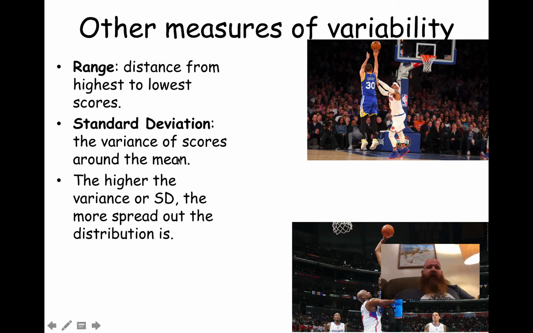Big thing to know is that the higher the standard deviation, the more spread out the distribution is. Let's just look at IQ. The standard IQ in adults, the average, the median, is 100.